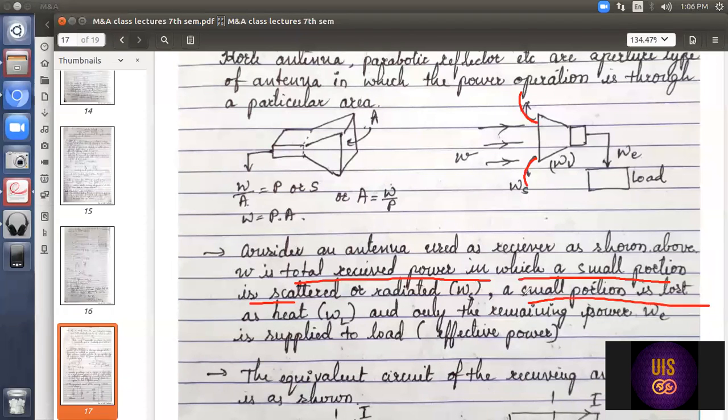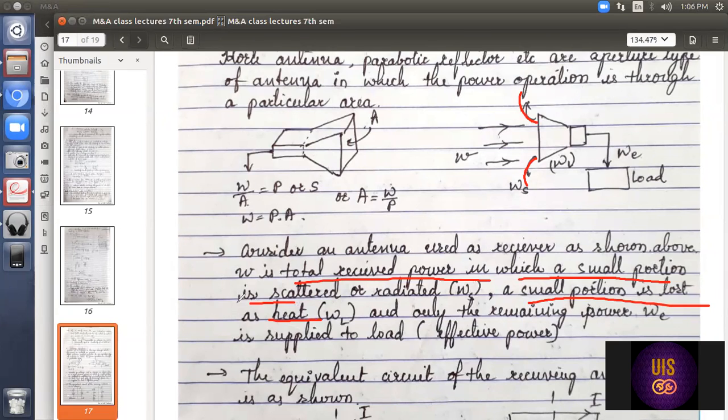A small portion gets lost because of the material we use, which is also important in designing the antenna. Even you have seen in the case of ICs, when you're dealing with the digital electronics lab, when you switch on the kit for a longer time, your IC gets heated. The heat dissipation occurs. It's a very common phenomenon.